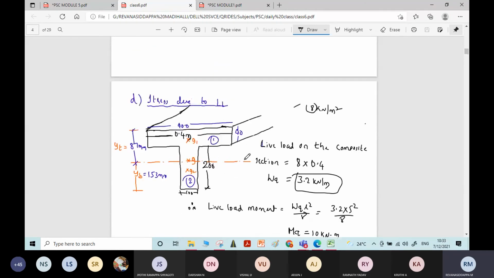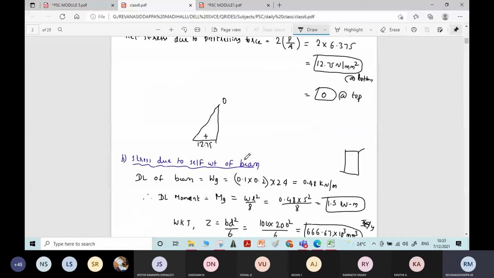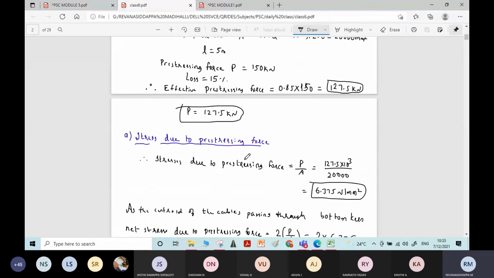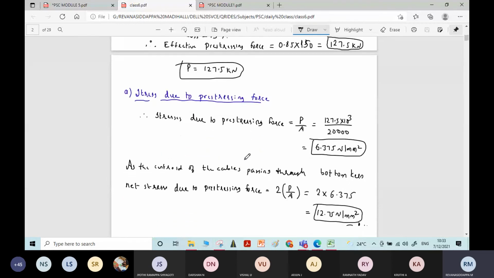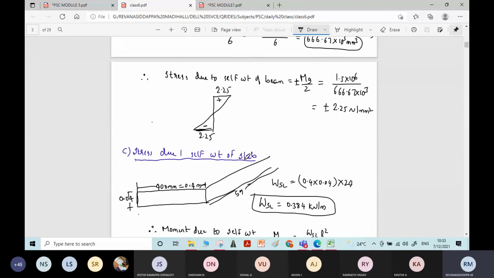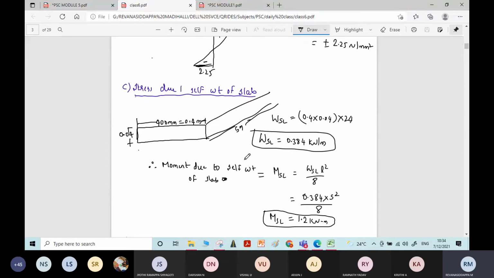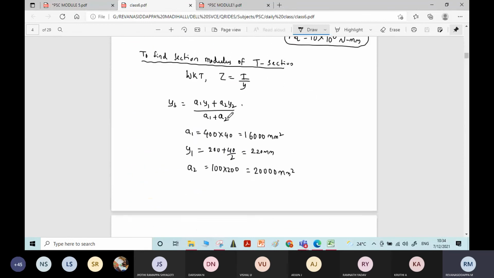Whatever calculations we have made till now are for unpropped construction. Now for propped construction, there is some slight difference in calculating stress due to self-weight of the slab, which we will perform now.